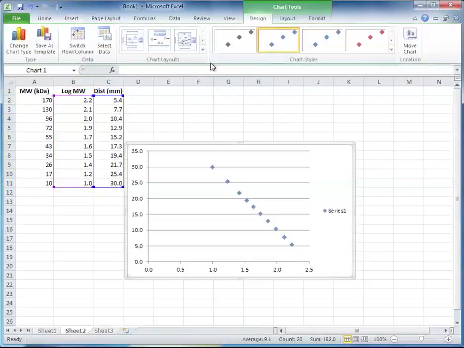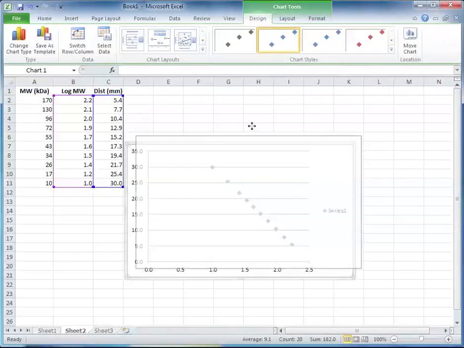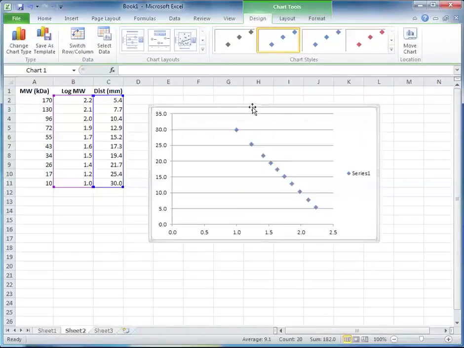If we do that, then we'll immediately get our little plot over here to the side. This is a plot of the log of the molecular weight down here versus the distance traveled. So that's the form of our plot.